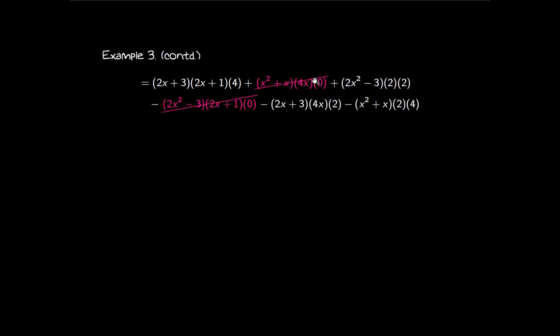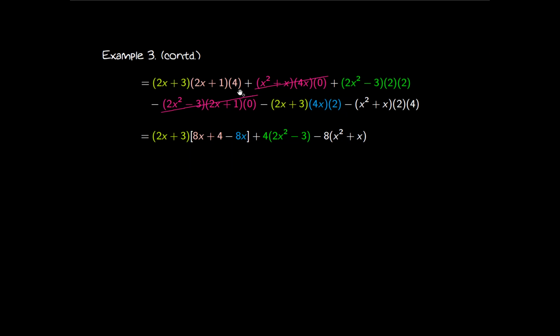First of all, these 2 terms have a 0 factor, so they are going to be 0, and we don't have to think about them. For the remaining 4 terms, you can use a common factor. For example, you notice that this term and this term both have 2x plus 3, so we can factor out this common factor.